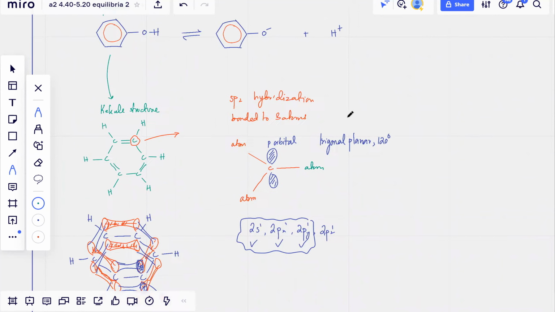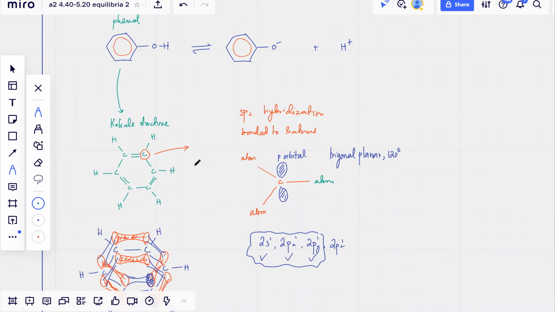So we were talking about the structure of this benzene ring, and I told you that it's like a hexagonal ring-like structure where every carbon atom is making a double bond. Each carbon atom is identical. And I told you that when carbon is making a double bond, that means carbon is bonded to 3 atoms. Like if you look at the carbon, the middle one over here, this carbon is bonded to 3 atoms.